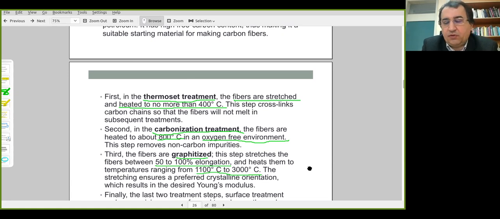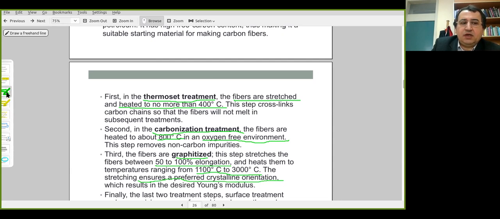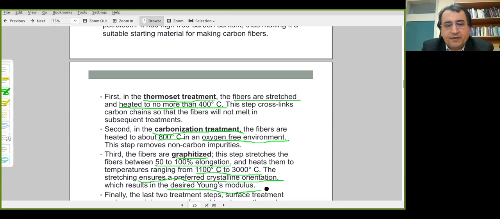It could range from 1100 degrees Celsius to 3000 degrees Celsius, depending on the particular application. But this stretching actually ensures a crystalline orientation along the fiber axis, and it results in the desired value of Young's modulus of the fiber. It's the graphitization process.